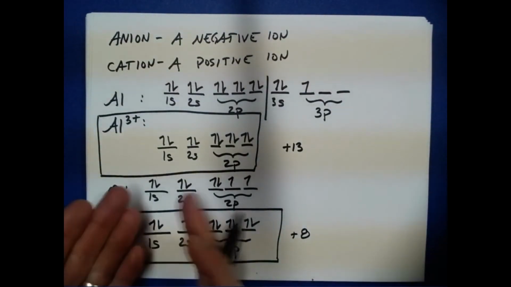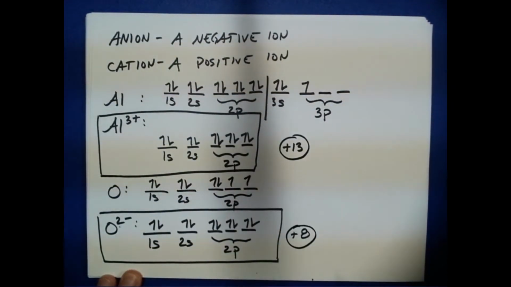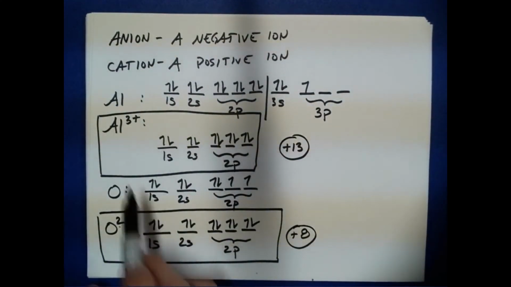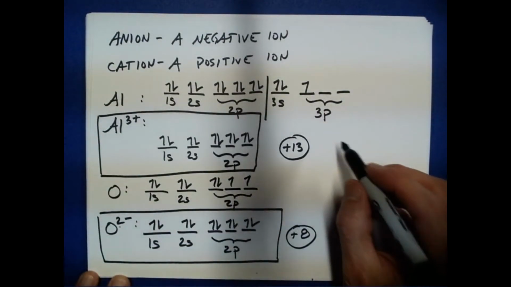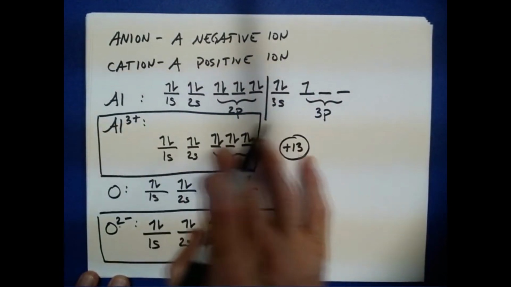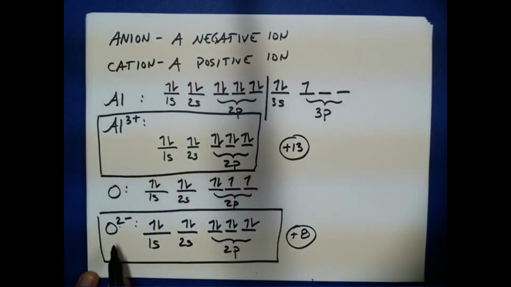So while we have the same electronic configuration, we have a different nuclear charge, and so we'd actually expect the aluminum 3+ ion to be a little smaller because it can pull these electrons in more tightly to the nucleus, and we'd imagine that the oxide ion would be a little bit larger.